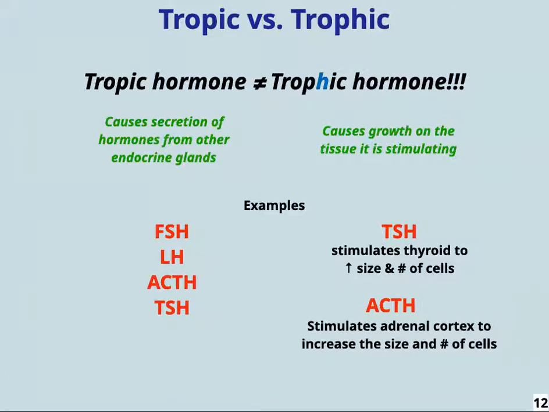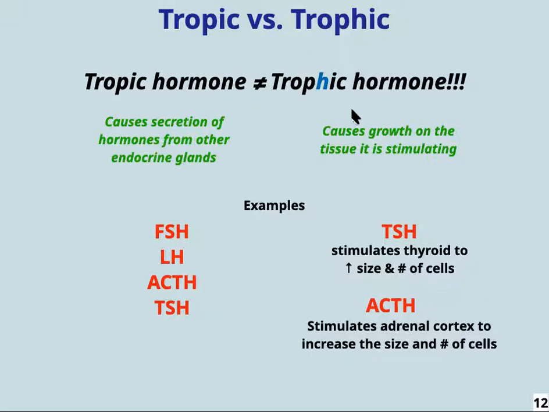It's important to know the distinction between tropic versus trophic, because these two terms are very easily confused with one another. Tropic, spelled P-I-C, as we discussed, is a hormone that causes secretion of a hormone from another endocrine gland.